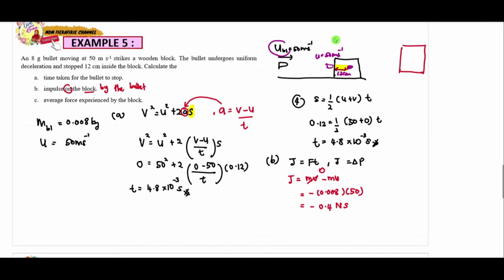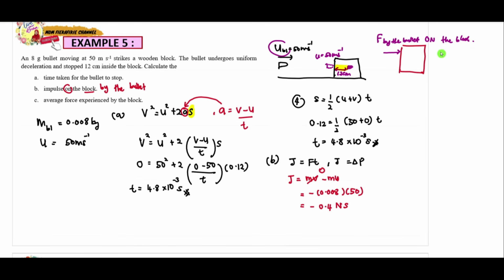Alright, so now what is the direction of impulse on the block by the bullet? Since the bullet will exert a force to the right on the block, the direction of force should be to the right, which is the force exerted by the bullet on the block.